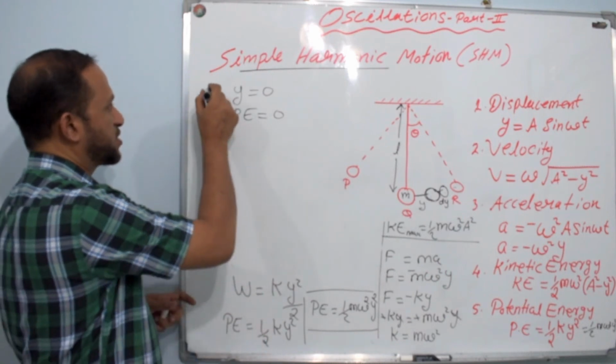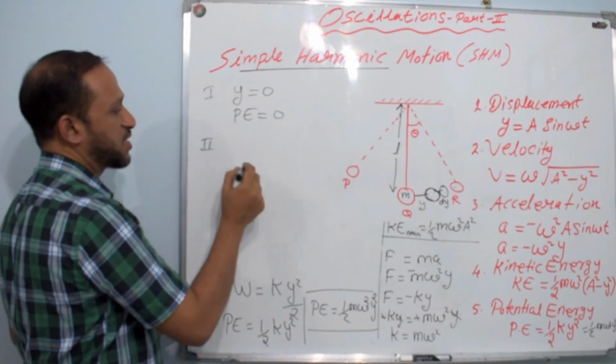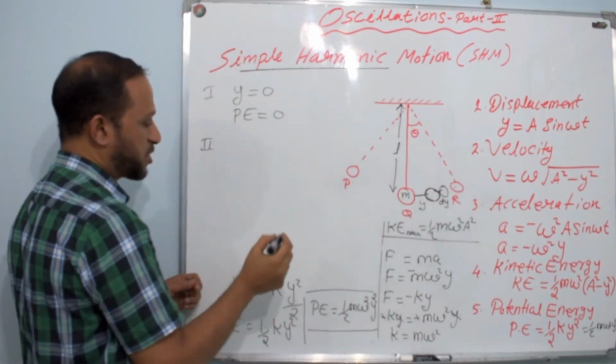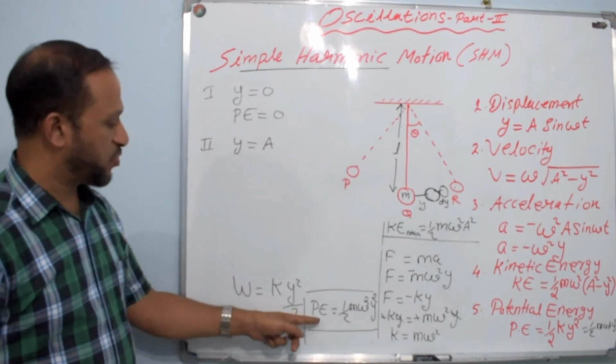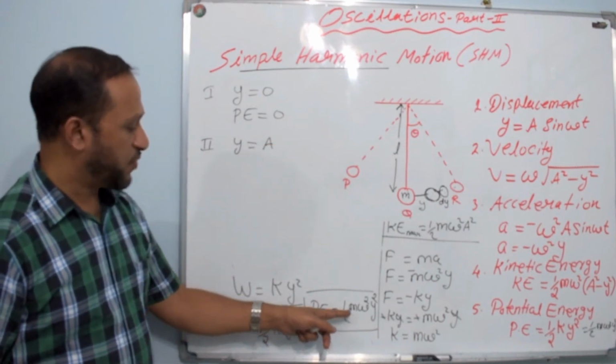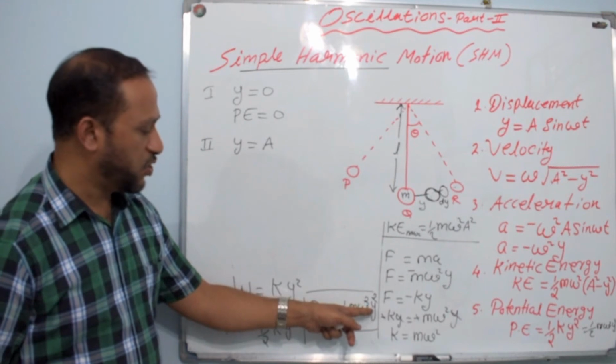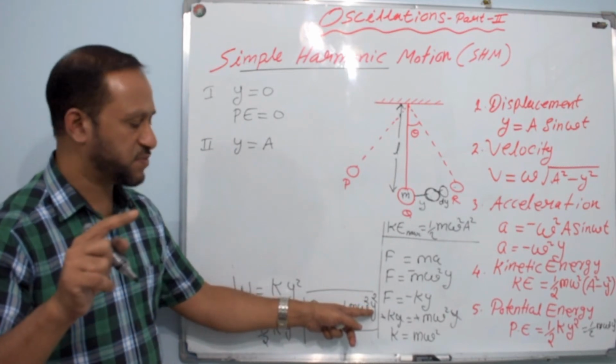If you take the second case, that is at the extreme point, y equal to a. So from this equation, potential energy half m omega square into y square, y we can substitute a.